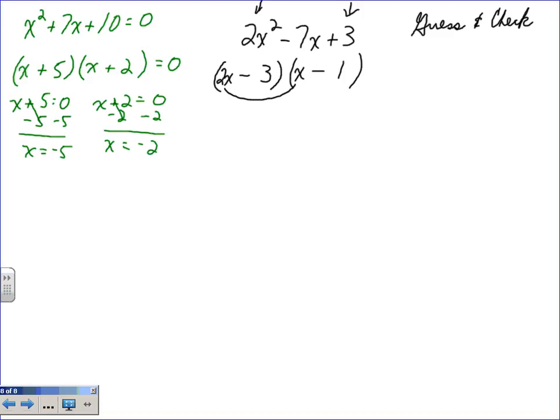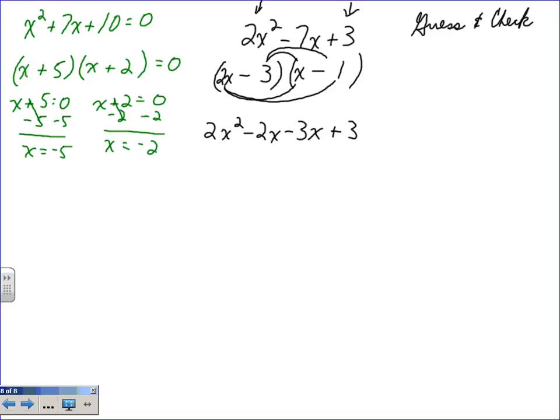Using FOIL, 2x times x, 2x squared. Okay, no problem. Same thing as what I started with. 2x times negative 1. Well, that gives me a negative 2x. And then negative 3 times x is negative 3x. I'm using FOIL. And then negative 3 times negative 1, which is a positive 3.